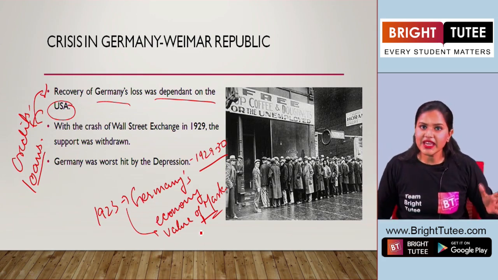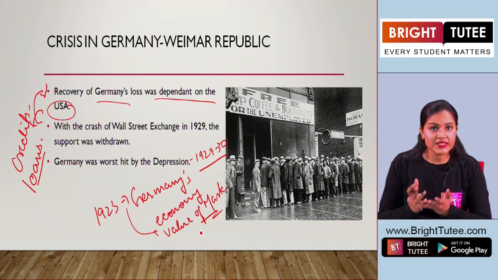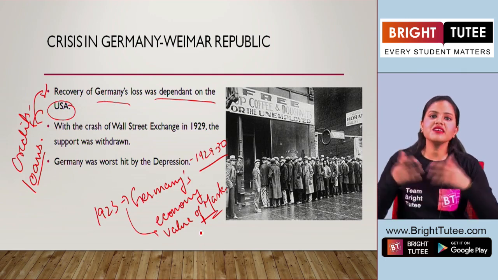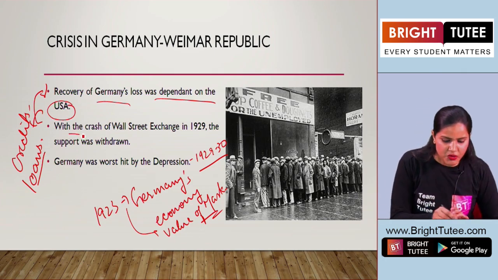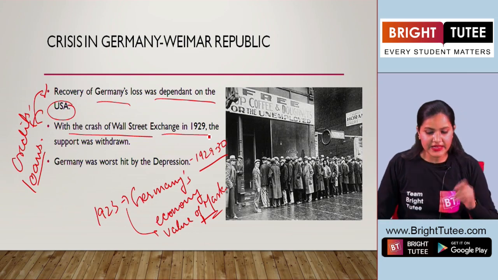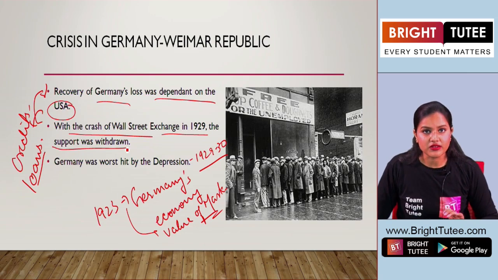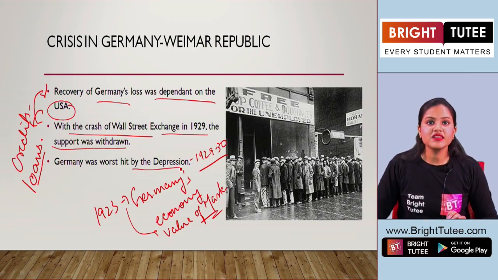So here the people have to face again major problems. Unemployment was on the rise, and now since Germany was dependent on the US, another situation erupted here. What was that? It was the crash of the Wall Street Exchange that happened in 1929, right? The support was withdrawn. So this led to the Great Depression of 1930.